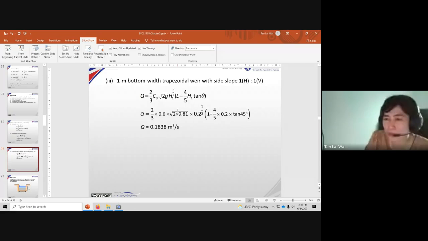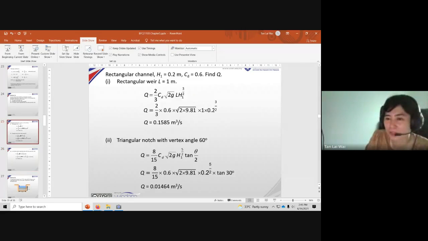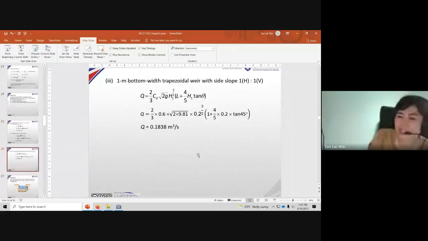We'll come back to this formula. Now, you know that rectangular doesn't have a vertex angle, or a side slope, basically. So the equation doesn't have this theta. Whereas for the triangular notch you have theta, and for trapezoidal you also have theta.